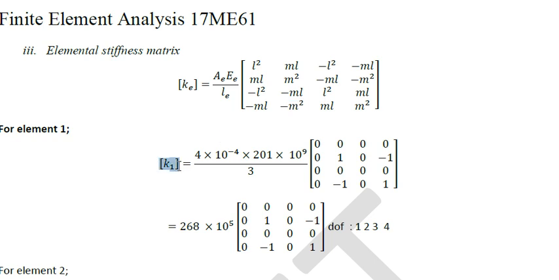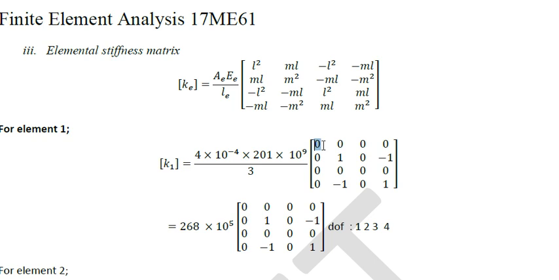Now for element 1, the stiffness matrix is A into E, where E is in Newton per meter square because all the lengths are taken in meters. 3 is the length of the first element.